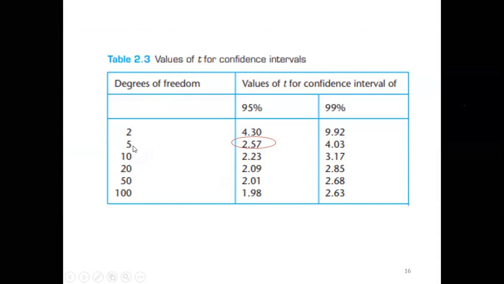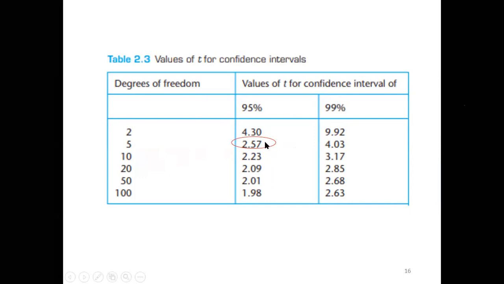There are 6 samples, therefore the degree of freedom is 5. The question asks to calculate the 95% confidence interval, so we go to the 95% column.